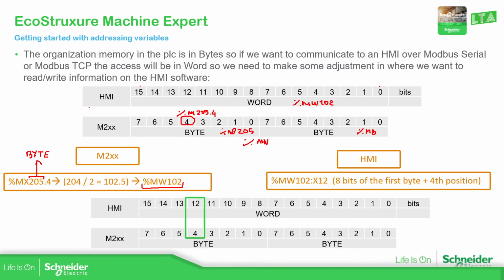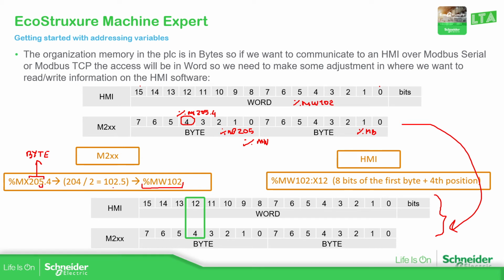If we go to this part of the presentation, you can see that the bit 4 that we have over here is going to be the bit 12. This is because this one is an odd number.